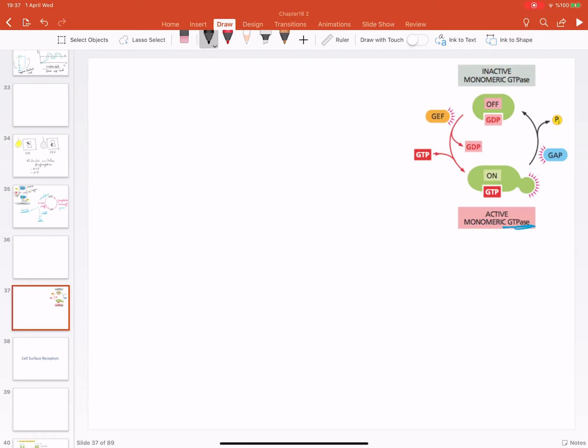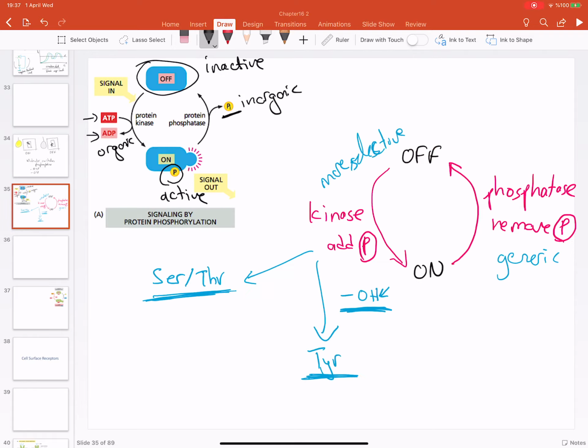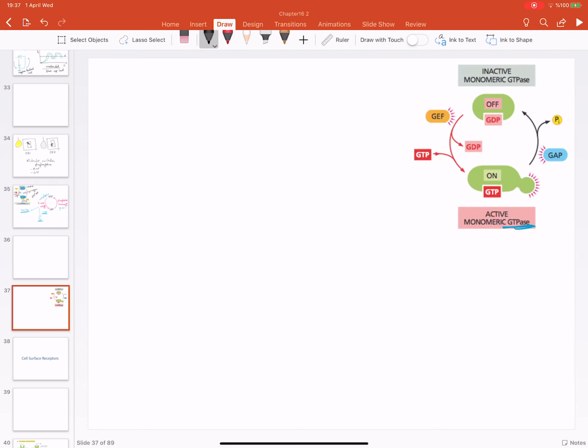Now the main difference between the ATPases and the GTPases is that when the phosphate group is added to the ATP using an enzyme, only the phosphate group is added. In case of GTPases, not just the phosphate group, but the entire GTP is added.